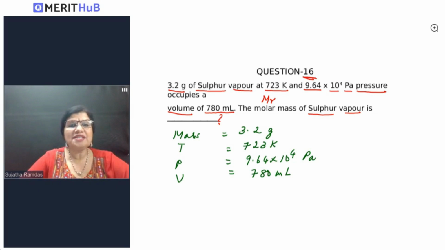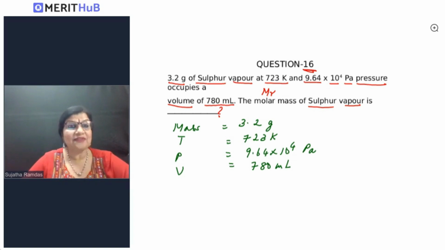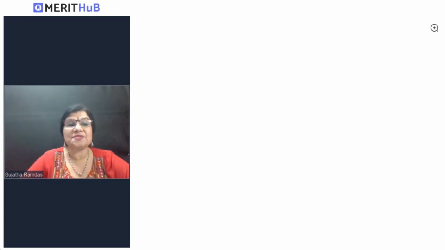The moment you compile this data, you will know which formula has to be applied here. It's a gas, so we have to apply the ideal gas equation or the combined gas equation. So let's write down that formula and substitute.